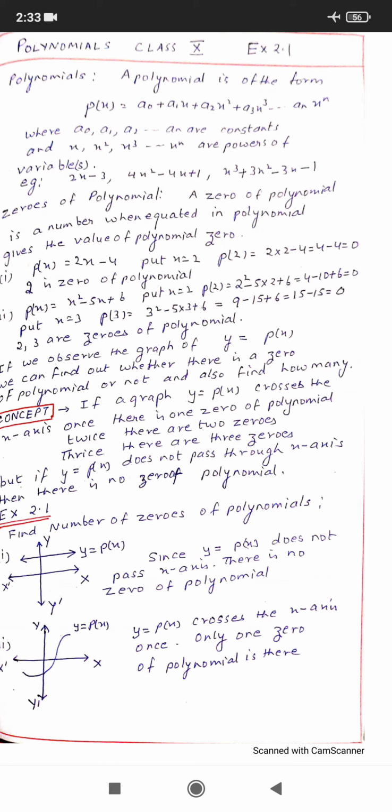Now, examples of polynomials we have dealt with are 2x minus 3, 4x² minus 4x plus 1, x³ plus 3x² minus 3x minus 1.